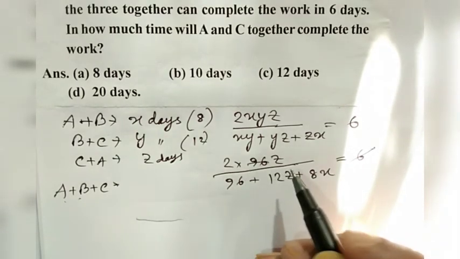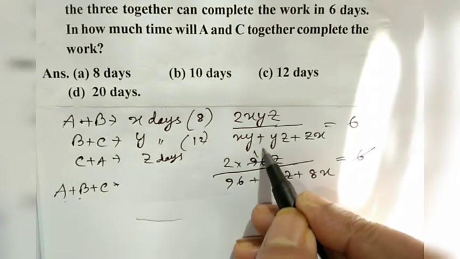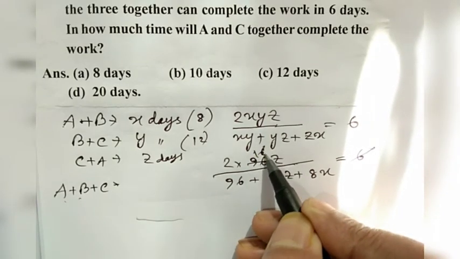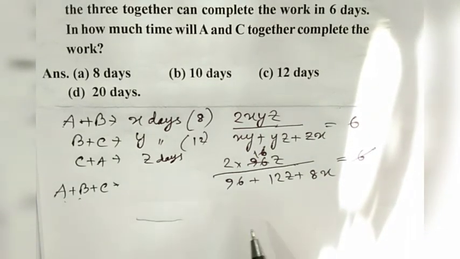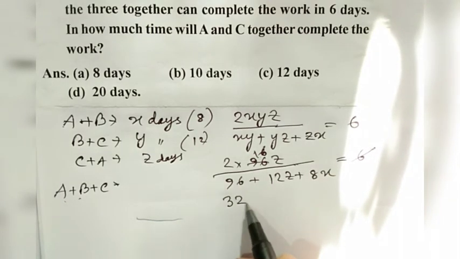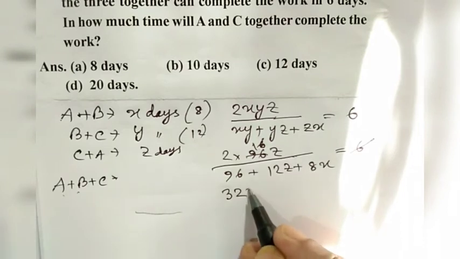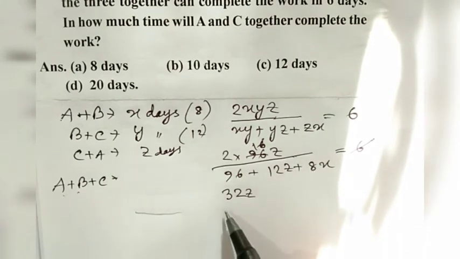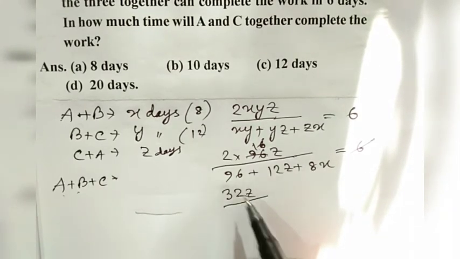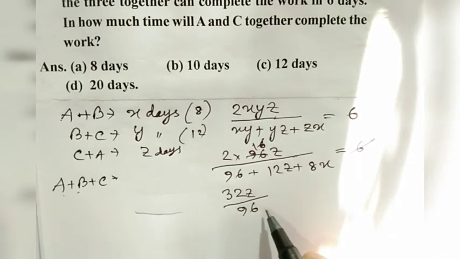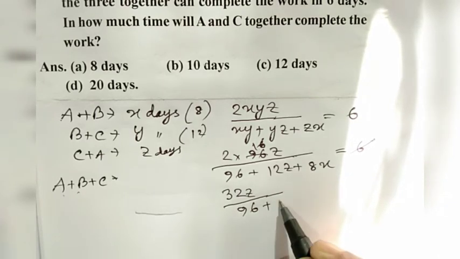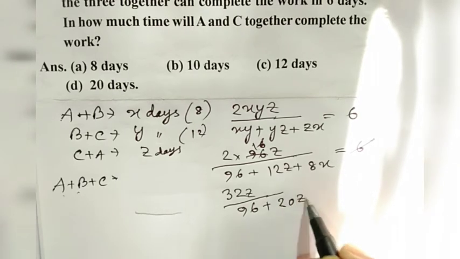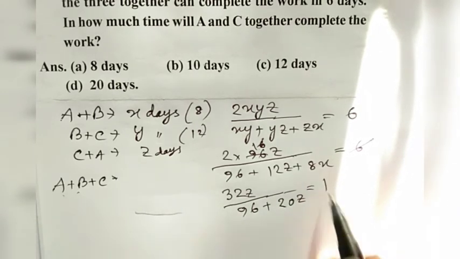Six 96 is 16. Then we can get 16 into 2, 32z by 96 plus 20z equal to 1.